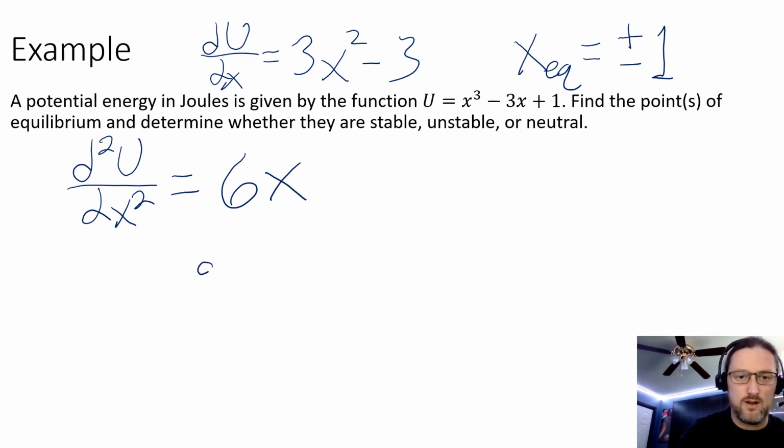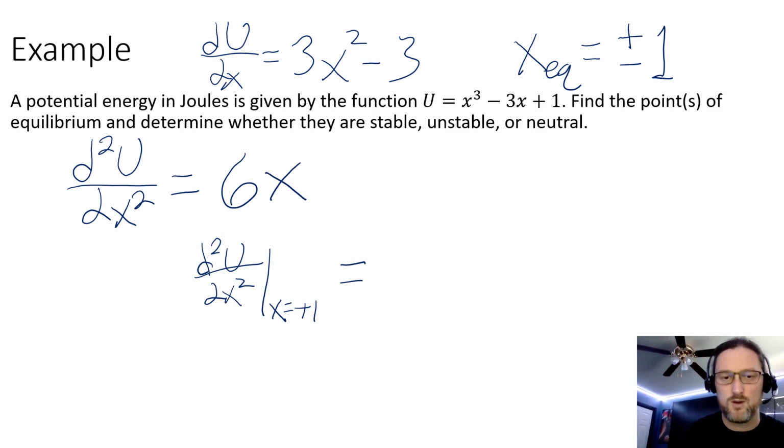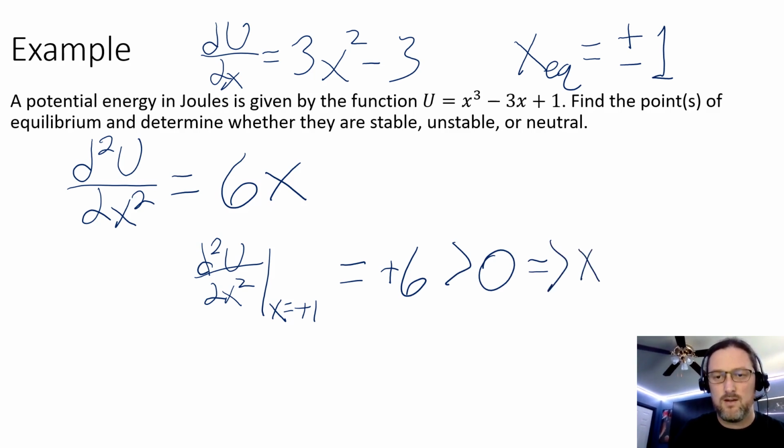So first I want to do at x equals plus 1, the first equilibrium position. That's going to be plus 6, which is greater than 0. So that means x equals plus 1 is stable, or it's a minimum, right?